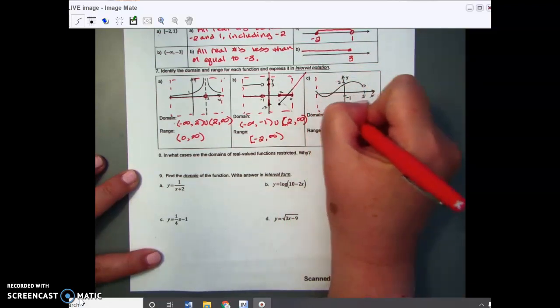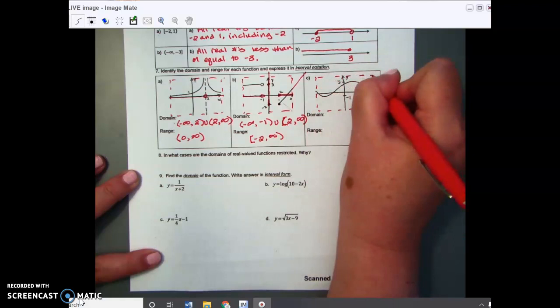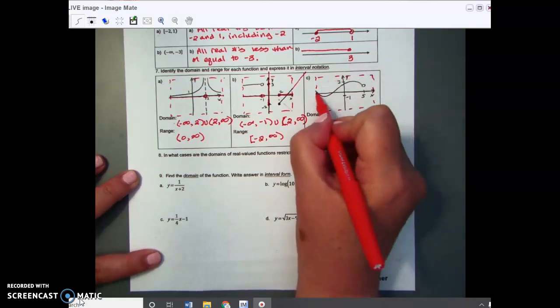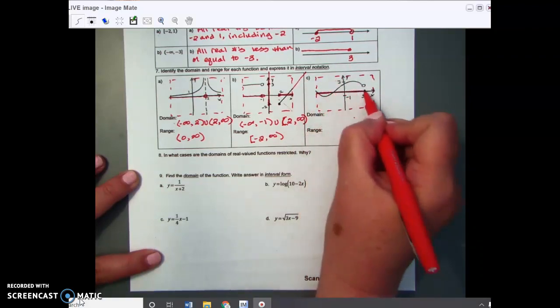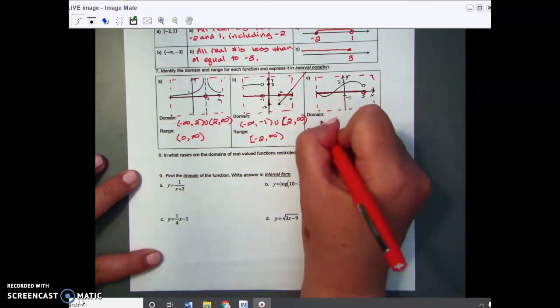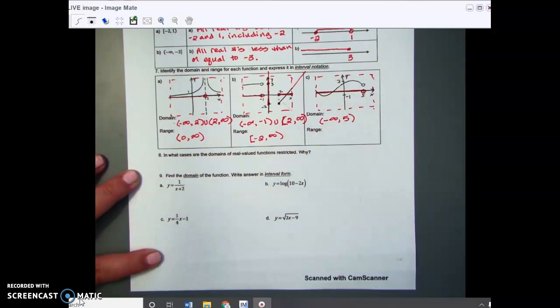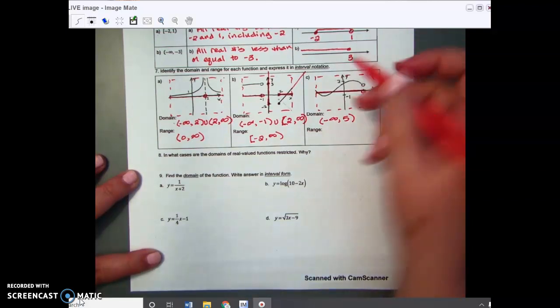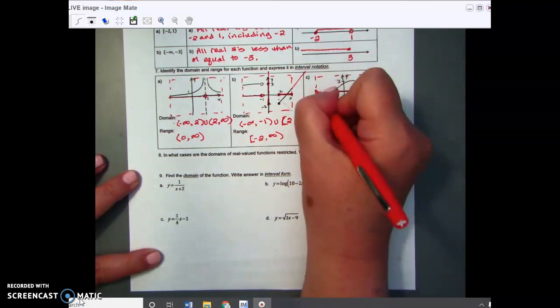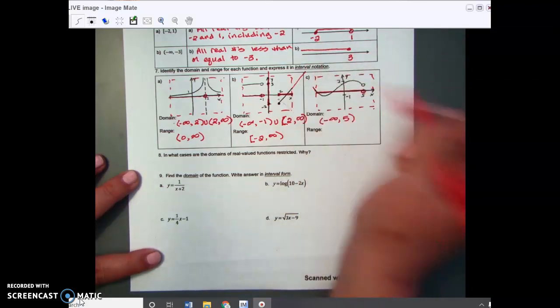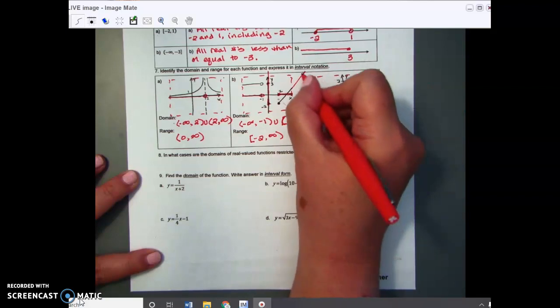So for C, we hit that window frame on the left-hand side. So in terms of the x value, I have x values all the way until I hit x equal to 5. So that's from -infinity to 5. And since that's an open circle, it's going to be an open parentheses. And then for the y values, it looks like it's going to continue to go on like this.